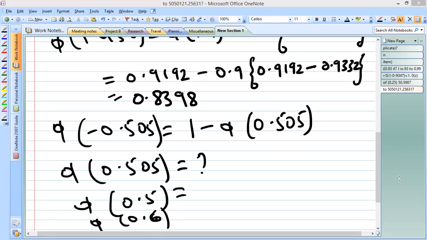So directly you can write it from the table, I think. 0.5 is how much? 0.6915. And 0.6 is 0.7257.